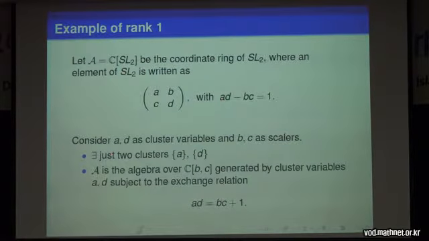Then there exist just two clusters. In this case, this algebra is just generated by cluster variables A and D, satisfying this condition. This condition is just the exchange relation.